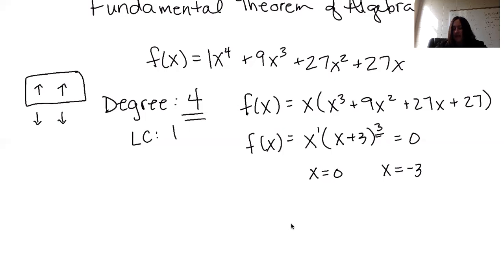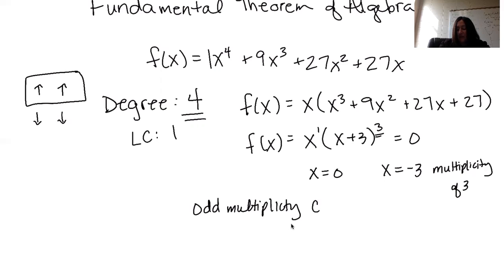Now, we write this as saying that this has a multiplicity of 3, okay? Now, anytime you're looking at a graph, an odd multiplicity tells you it crosses the x-axis.